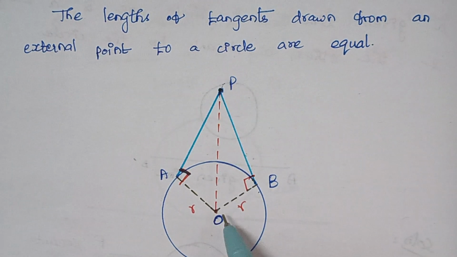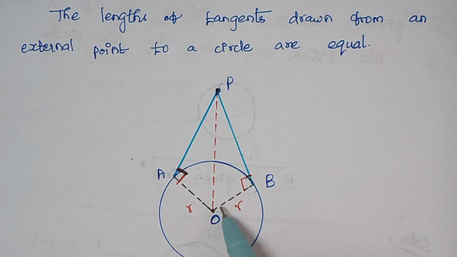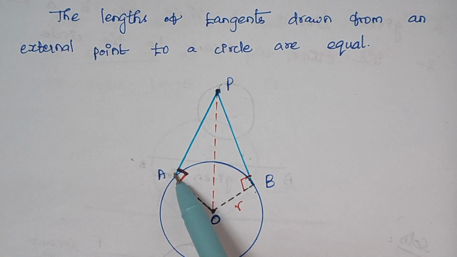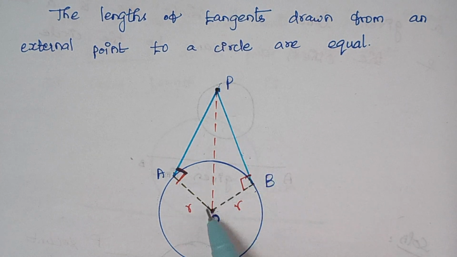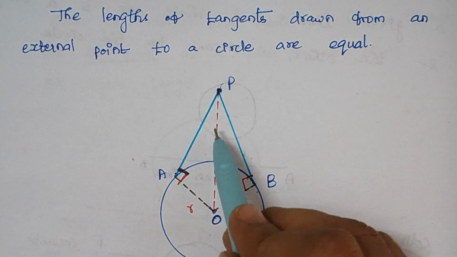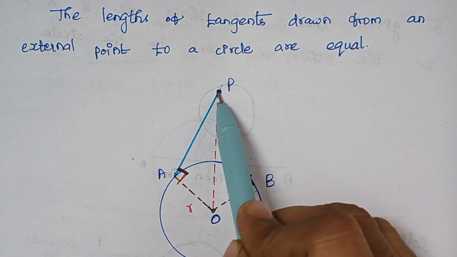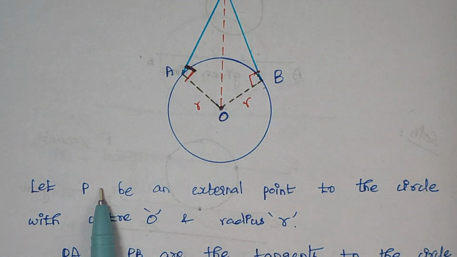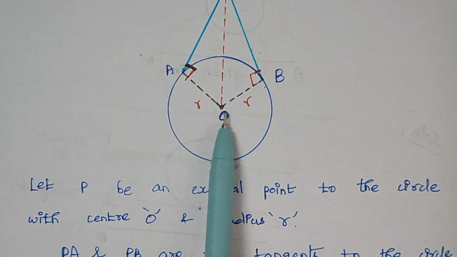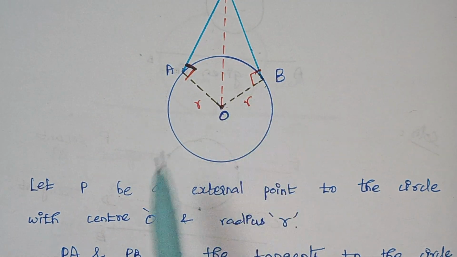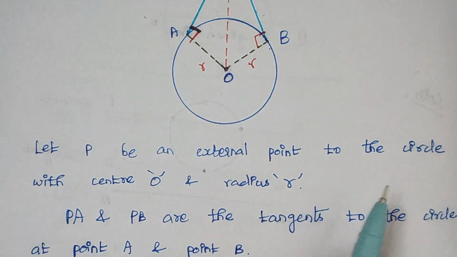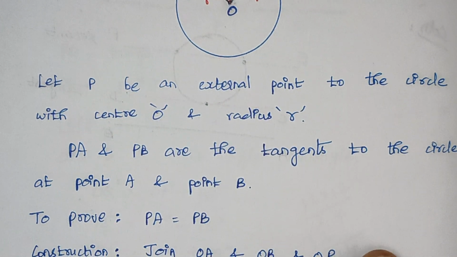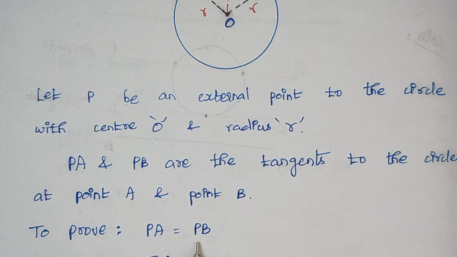We are drawing the radius, that is R, in such a way that it meets point B as well as point A. Again from point O we are drawing a line that joins P. So P is the external point and we have a circle with center O and radius R, and PA and PB are the tangents to the circle at points A and B. Here we have to prove that PA is equal to PB.